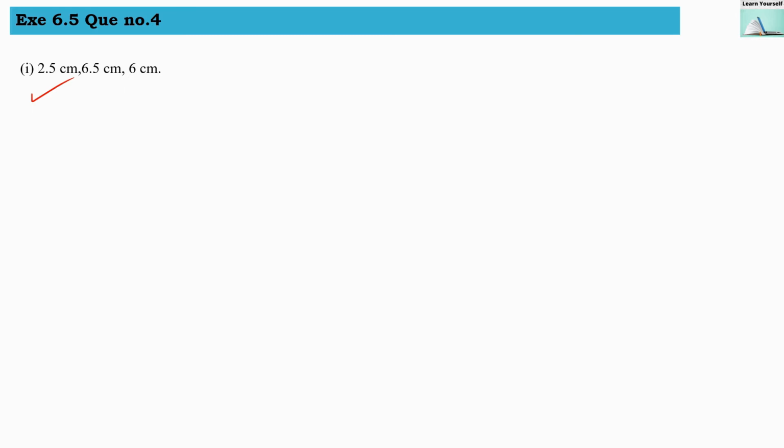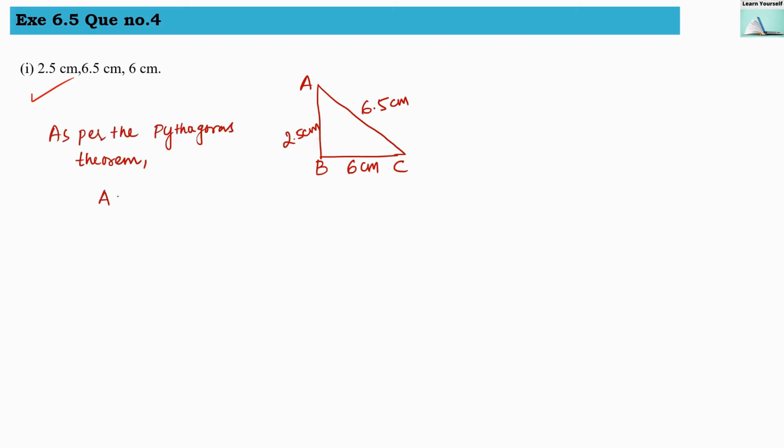So let us start with our first numerical. They have given us the measures 2.5, 6.5 and 6 centimeter. So this is our triangle ABC. In this, our hypotenuse is 6.5. The other two sides are 6 centimeter and 2.5 centimeter. Now as per the Pythagoras theorem, AC square equals AB square plus BC square. So 6.5 square will be equal to 2.5 square plus 6 square.